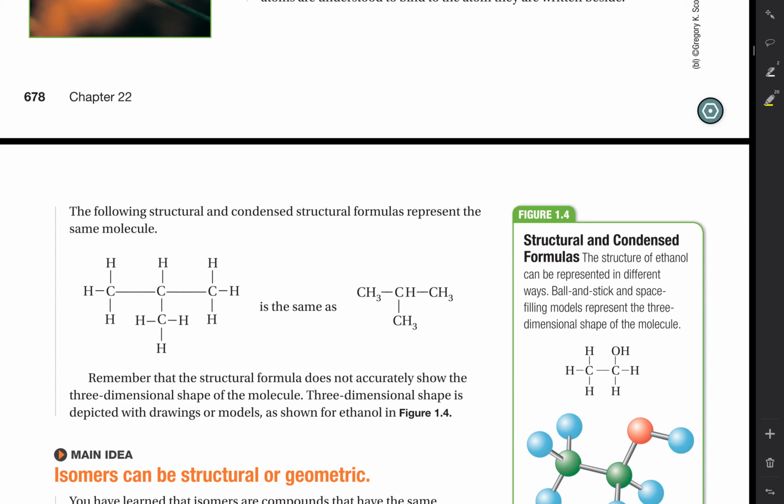In the condensed structural formula, we don't show the bond between the hydrogen and carbon, and we know that hydrogen only forms a single bond, so it's very easy to understand that when we write CH3 it means three hydrogens are bonded to the carbon, and the bond between each hydrogen and the carbon is a single one. So we have two types of structural formula: condensed format and uncondensed format.